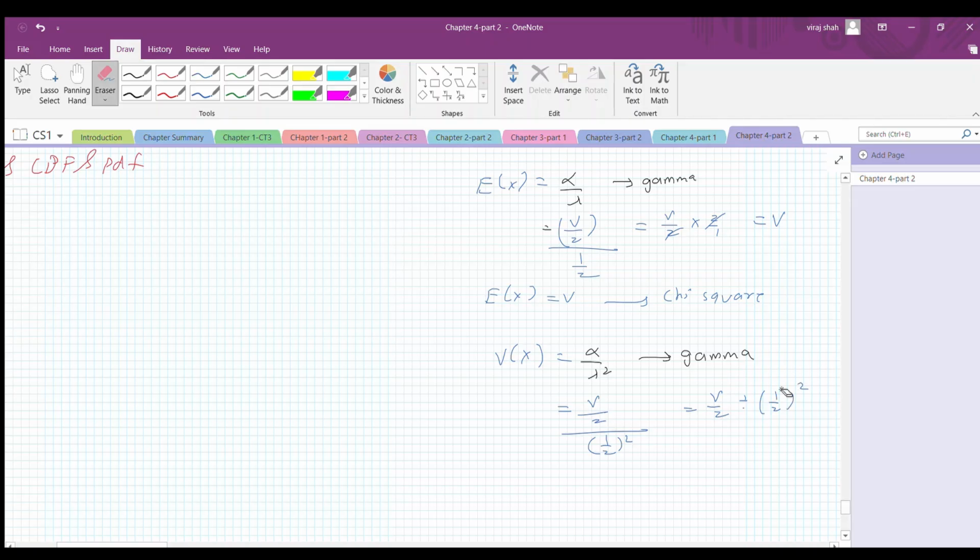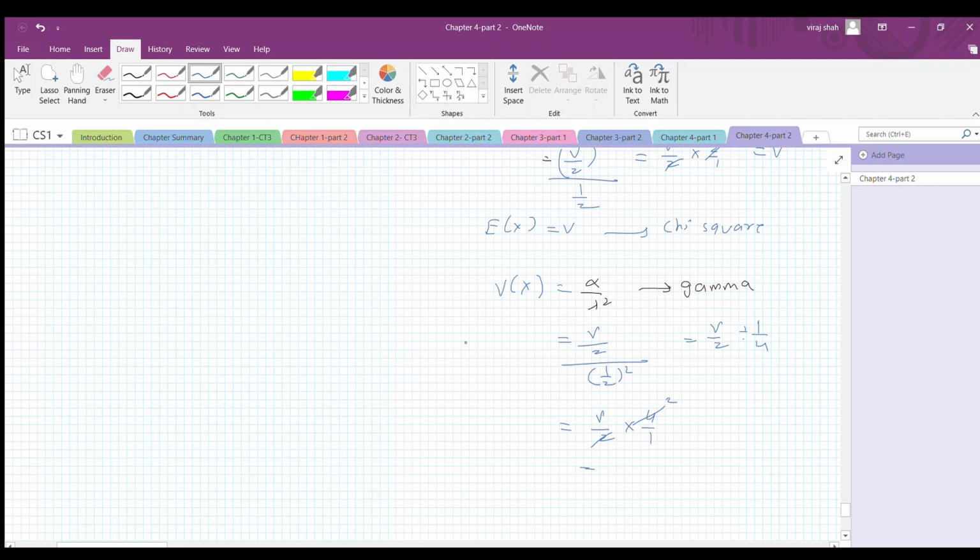What would be half square? It would be nothing but 1 by 4. So I can write this as v by 2 into 4 by 1. Wow, see how the division sign becomes a multiplication sign when we take the reciprocal. So this becomes 2 and I'm left with 2 of v.